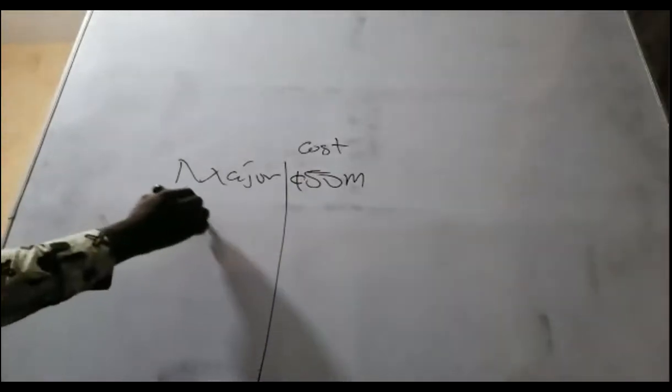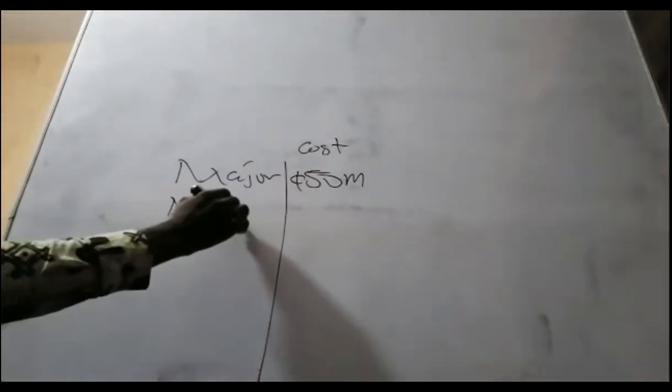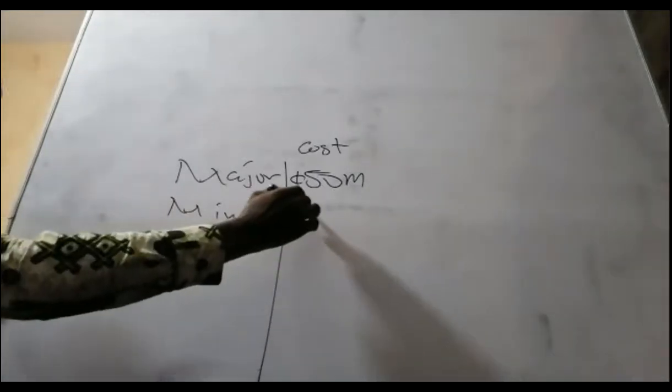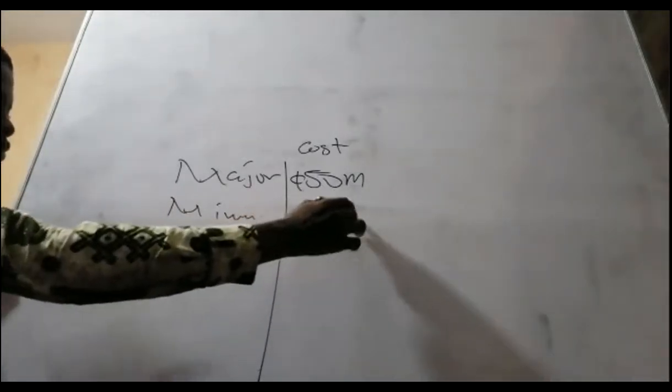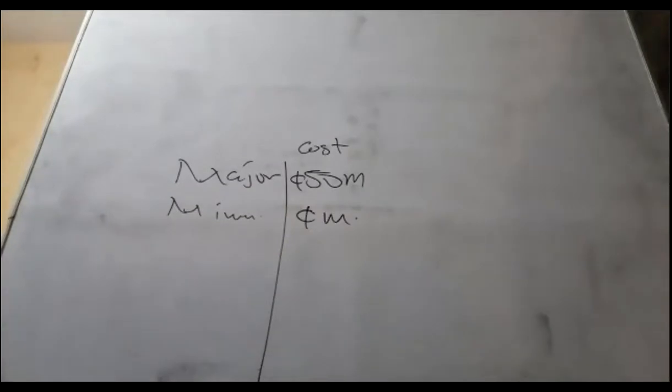If it is minor, then we are going to incur what? 10 million.